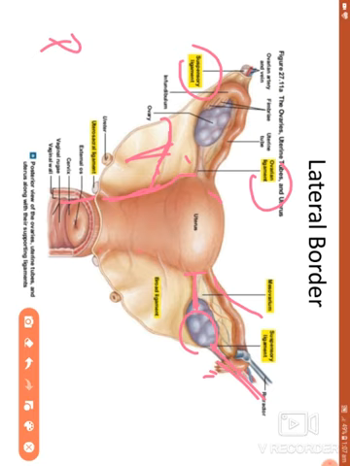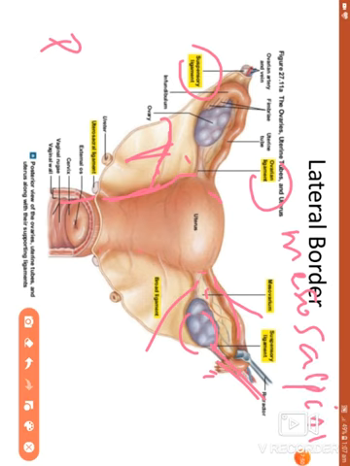The part of the broad ligament between the uterine tube and the ovarian ligament is called the mesosalpinx. The part of the broad ligament below the ovarian ligament, or the ligament of the ovary, is called the mesometrium.